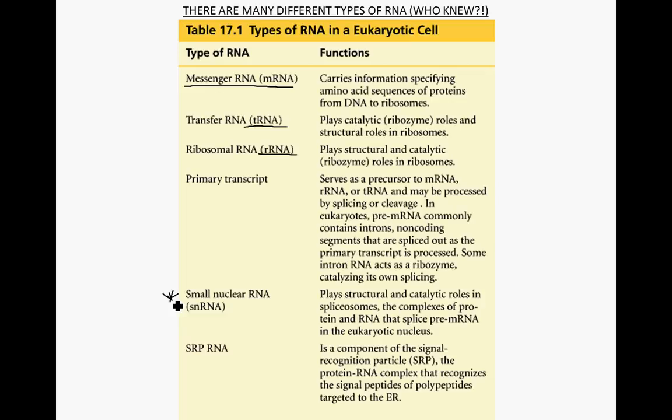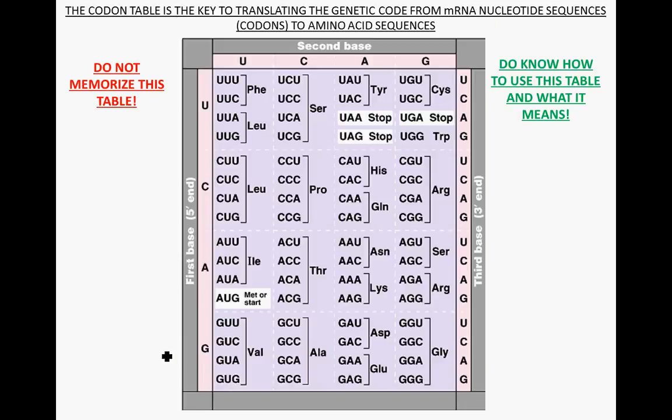So small nuclear RNAs, SRP RNAs, and we'll get to those a little bit more. But I want to introduce this to you now and let you know that there are more than the three types of RNA that you classically learned in Bio 1.